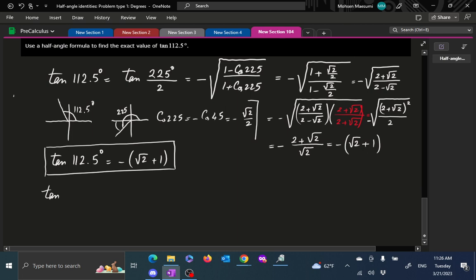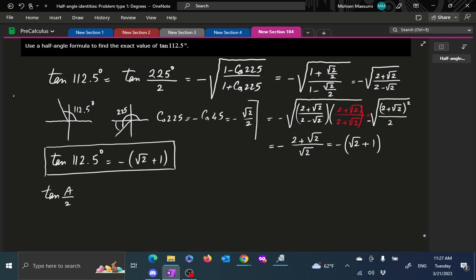So one form is sine of A over 1 plus cosine of A.